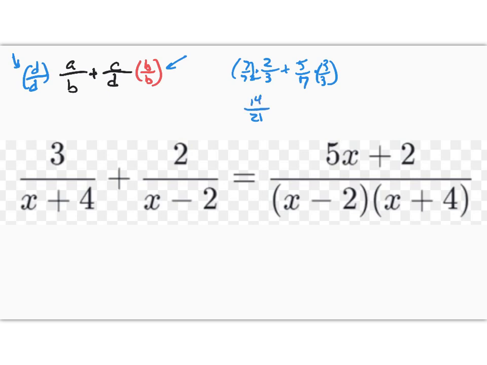This becomes 14 over 21 and 15 over 21. These are called equivalent fractions. 14 over 21 reduces down to 2/3, just like 15 over 21 reduces down to 5 over 7. You can't just go ahead and add the bottoms because they're different with fractions, because you change the value of the fraction.